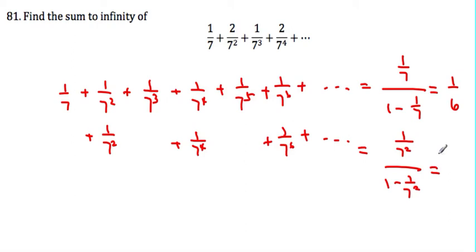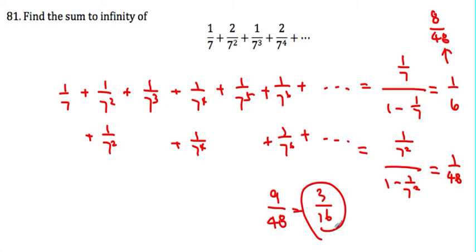In this case, this one becomes 1 over 48. So when you combine these two things together, because this one can be rewritten as 8 over 48, our answer is 9 over 48. You can divide top and bottom by 3, and we end up getting 3 over 16. And that becomes our final answer.